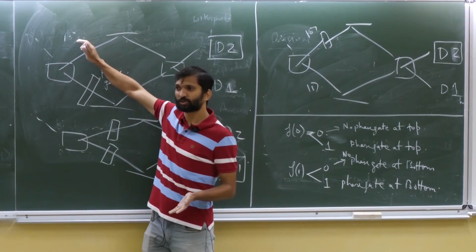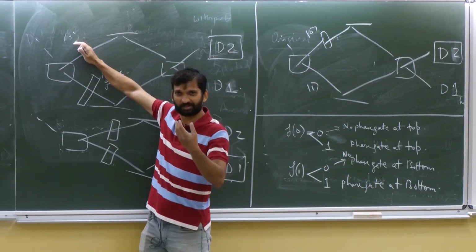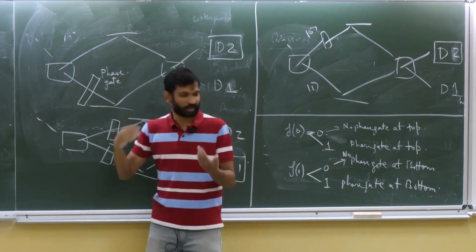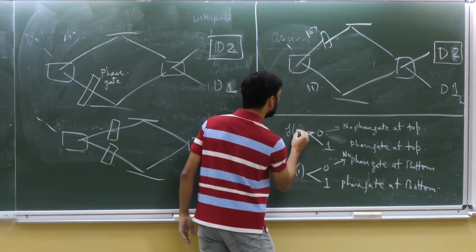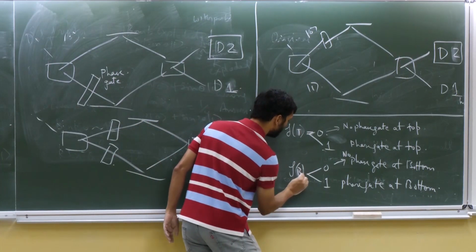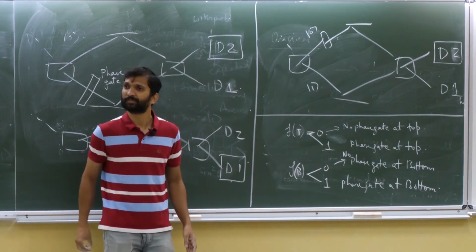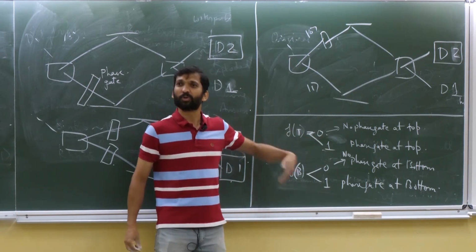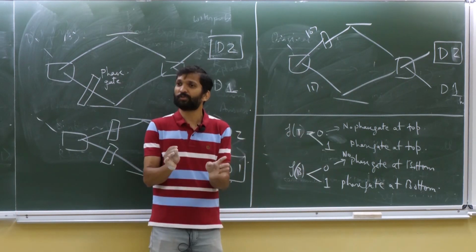Similarly, this will be the function value at 0, this will be the function value at 1. So if you are confused, let me say function value at top, function value at bottom. Okay, function value at top, if it is 0, I will not put a phase gate at the top.